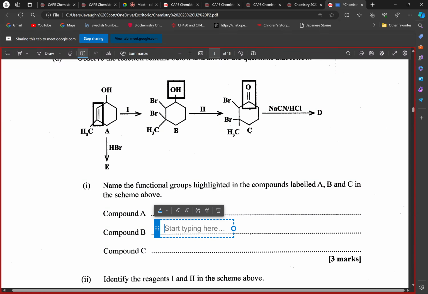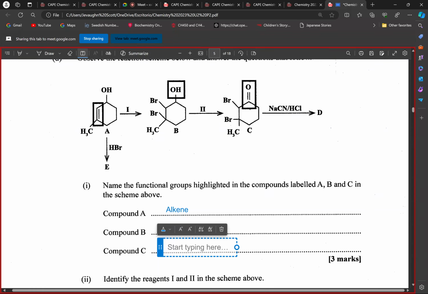Hydroxyl. Hydroxyl. Lovely. Right? What is happening in C? What's the name of that functional group?